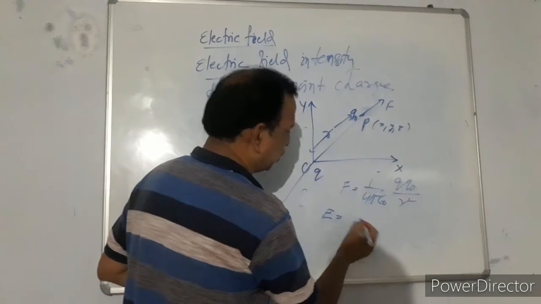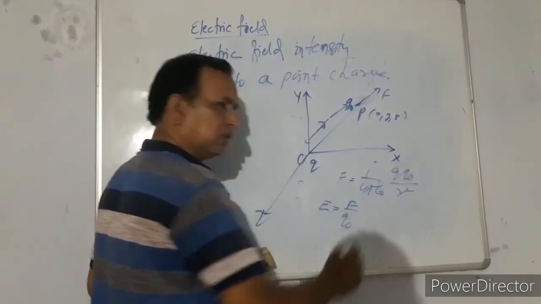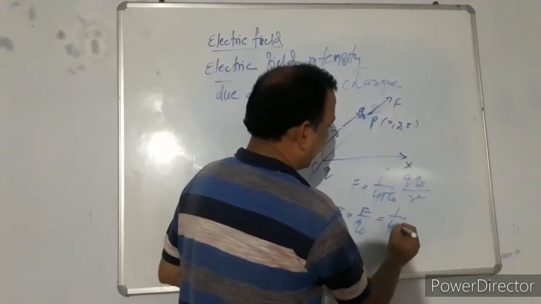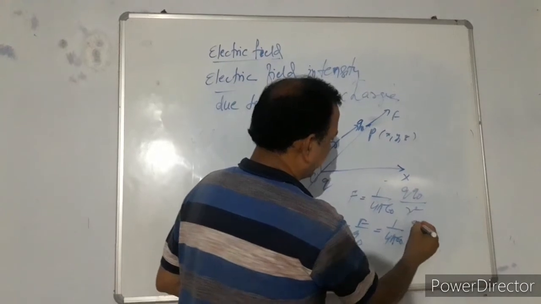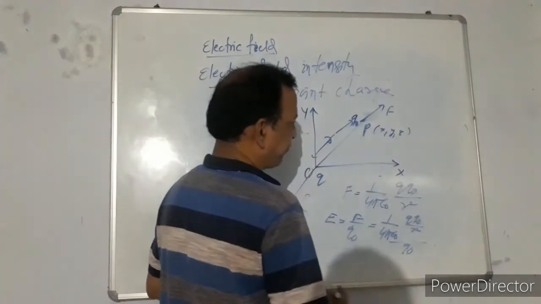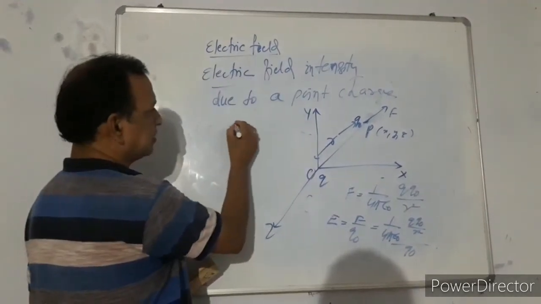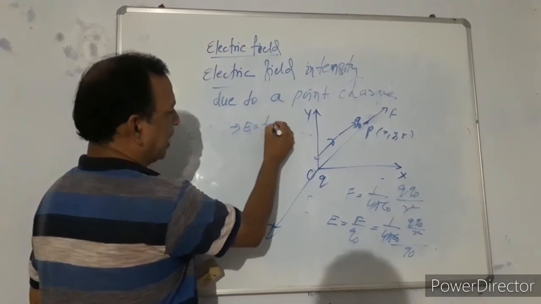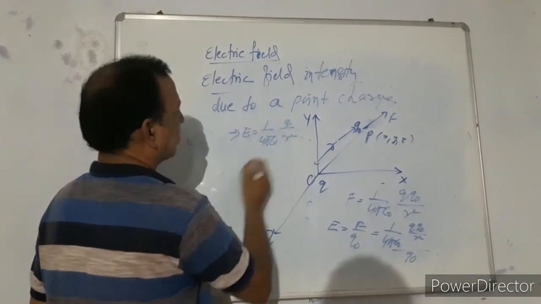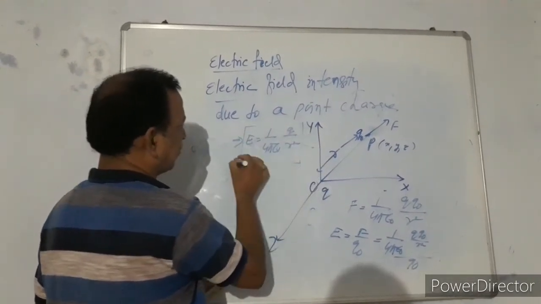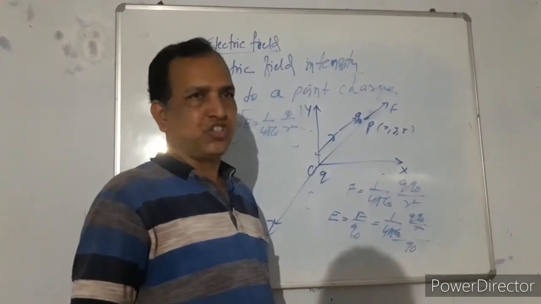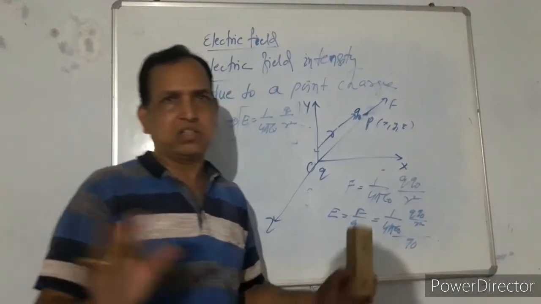Intensity is equal to F by Q0, that is equal to 1 by 4 pi epsilon 0 Q Q0 by R square by Q0. So E is equal to 1 by 4 pi epsilon 0 Q by R square. This is the expression for intensity due to a point charge when the charge is situated at the origin. That's all. Thank you.